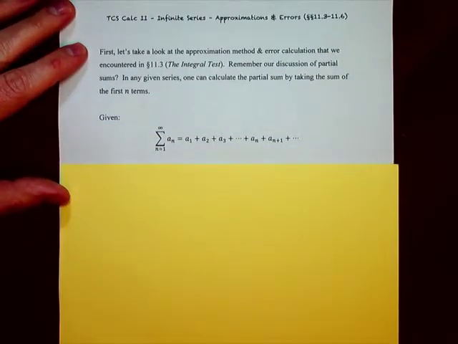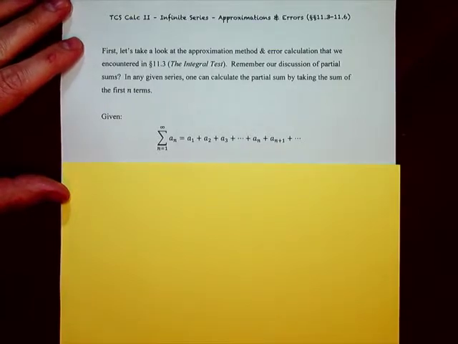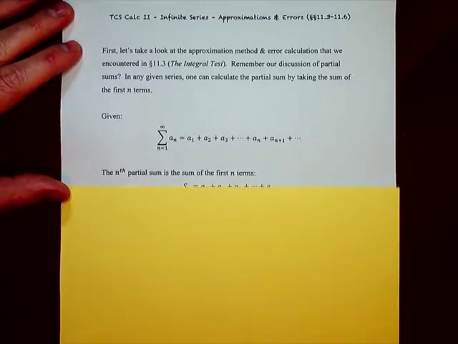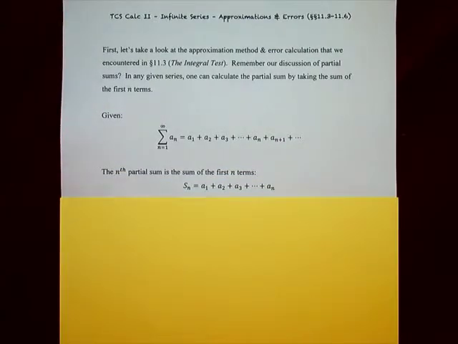Now, if that is my series for my a sub n, then my nth partial sum is basically the sum up to the nth term. That of course will be an approximation for the whole if it is a convergent series. It may not be a great approximation, but it's an approximation nonetheless.